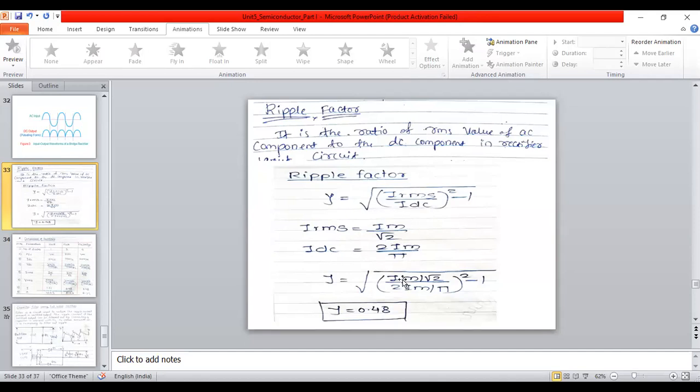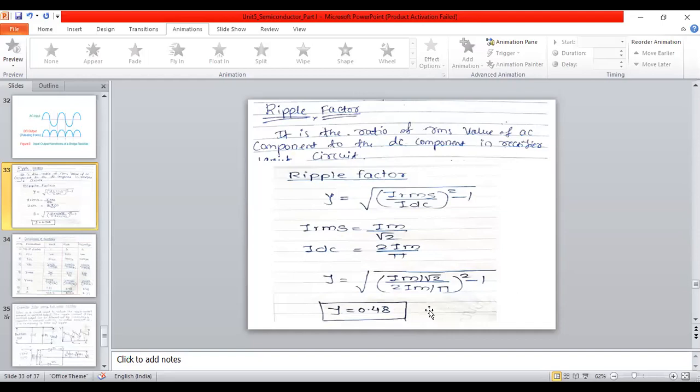So (I_m by root 2) divided by (2 I_m by pi), the I_m gets cancelled. We get pi divided by 2 root 2, squared, minus 1, and we get the answer gamma equal to 0.48. Now the ripple factor for the full wave rectifier is 0.48.